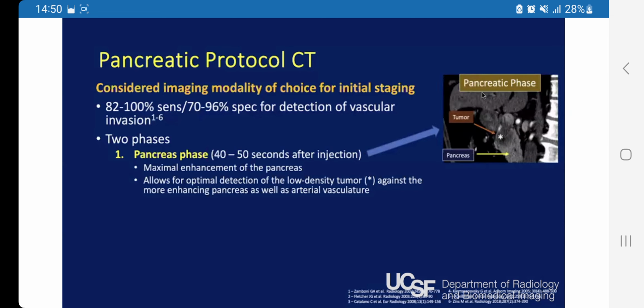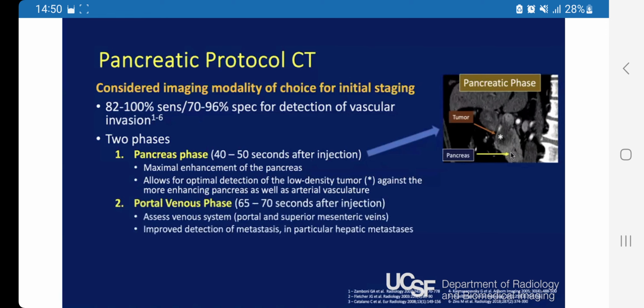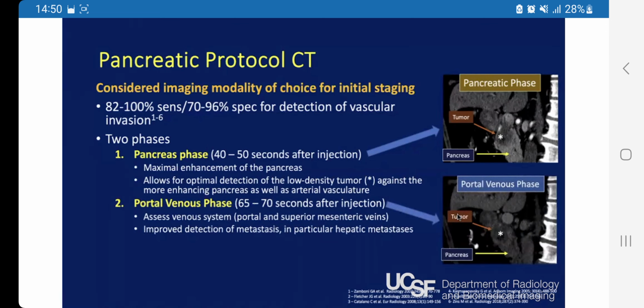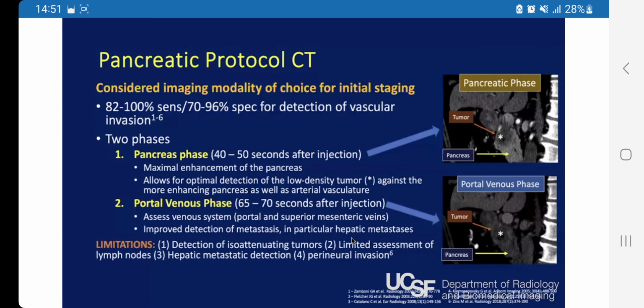As you can see here, the star is this ill-defined area, our pancreatic tumor, and our pancreatic parenchyma is delineated and well enhanced. The other imaging component is portal venous phase, a little bit later, 65 to 70 seconds, and it's mostly used for evaluation of the vascular structures, including portal veins, superior mesenteric veins, also liver mets or lymph nodes in other parts of the body.